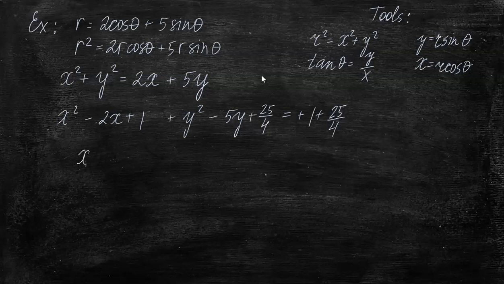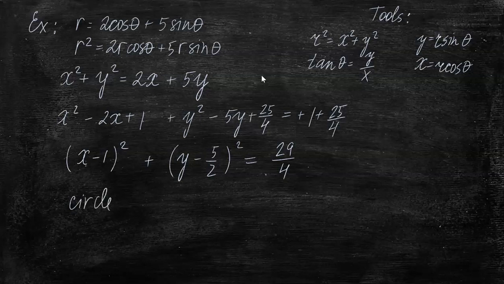And now, after completing the square, we get (x minus 1) squared plus (y minus half of 5) squared, all that equals 29 over 4. So what is this? This is a circle of radius square root of 29 over 2, and the center (1, 5 over 2).